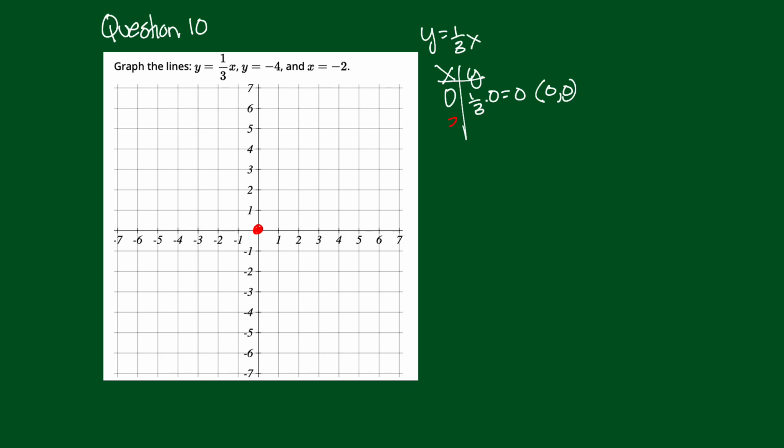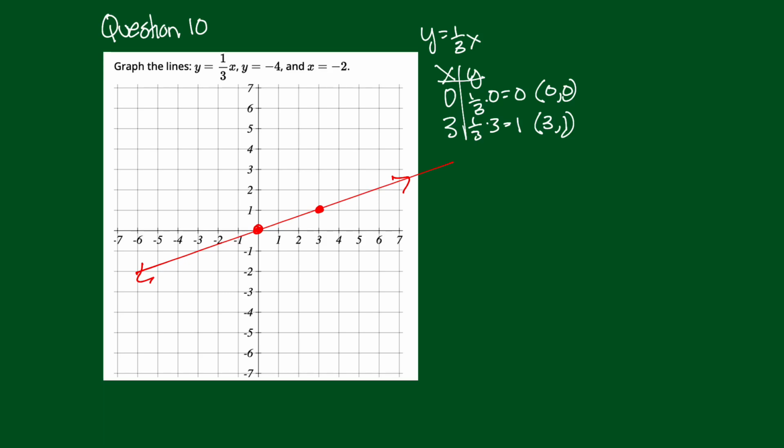What if I just pick 3? If I just pick 3, I'll get 1/3 times 3, which is just 1. So I get this point, 3 and 1. That's all I need, 2 points. So 3 and 1, to the right 3, up 1, is right here. Pass a line through those. All right, there is the graph of y equals 1/3 x.